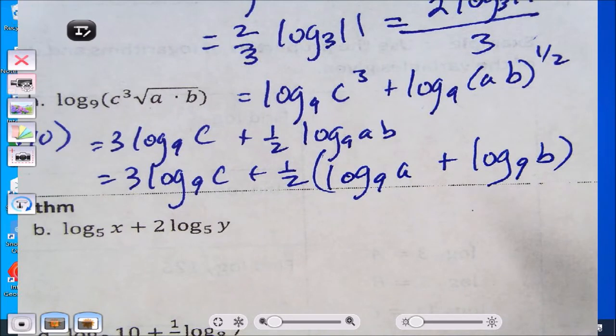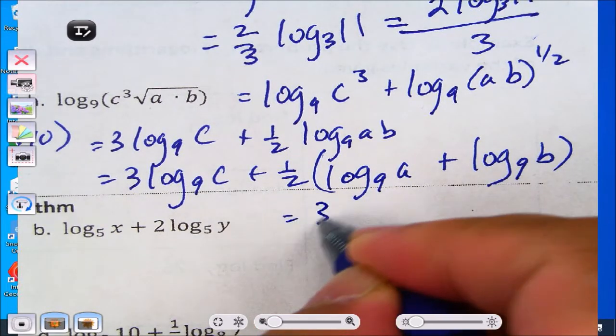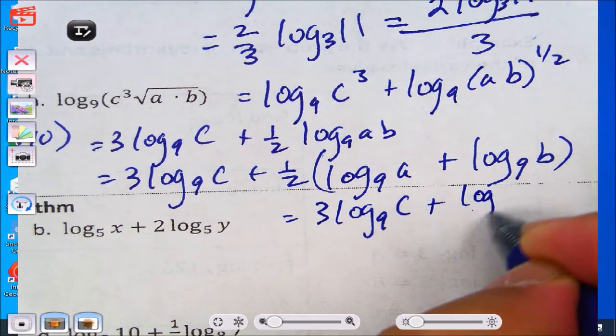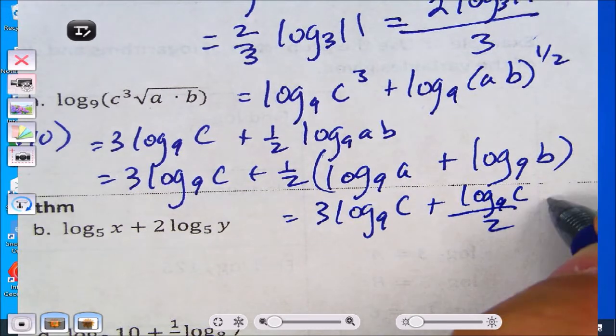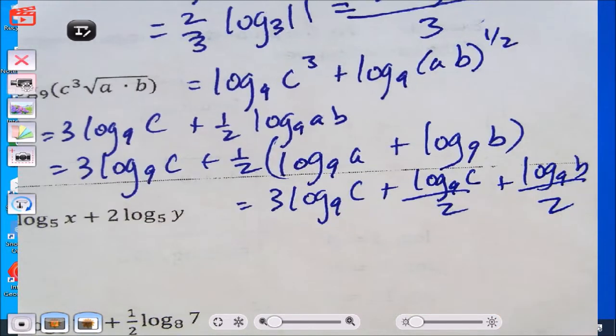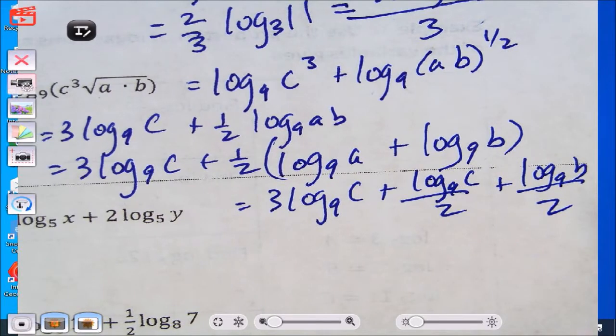But do you know what the computer is going to generate as an answer? It's going to be 3 log 9 of C plus log 9 of A over 2 plus log 9 of B over 2. I am okay with either answer. The computer is going to generate the second answer.